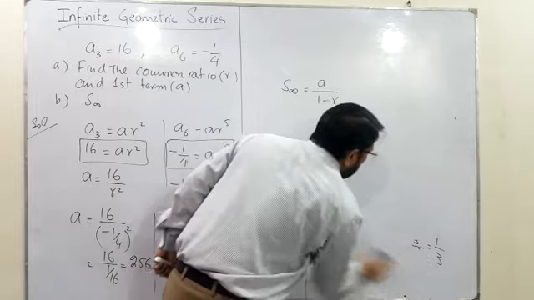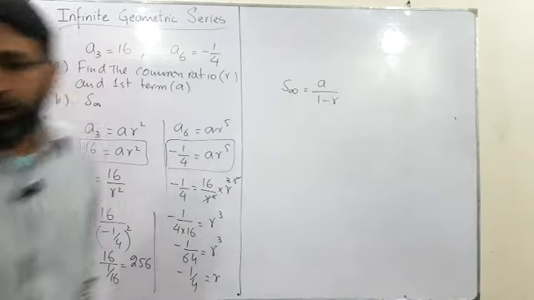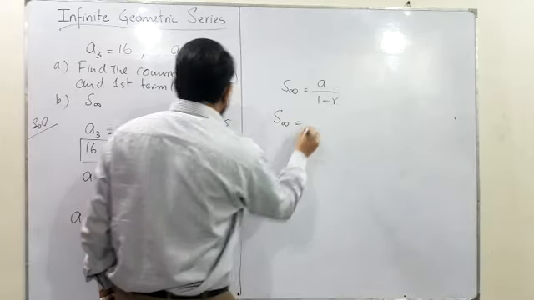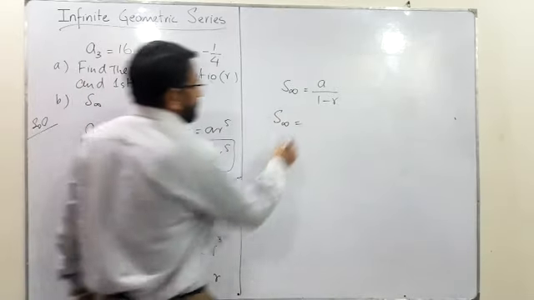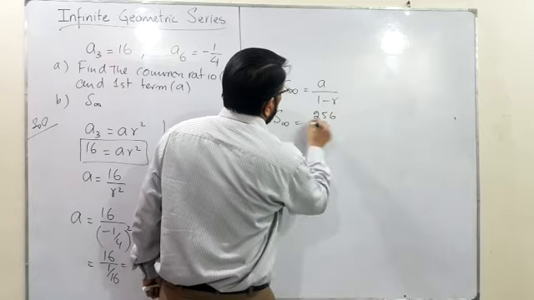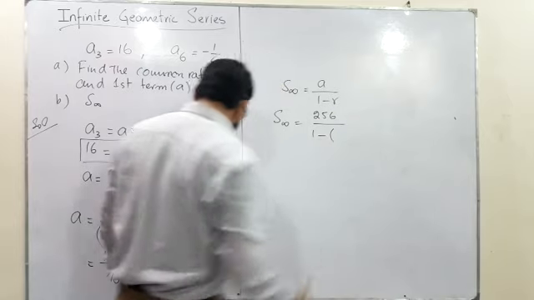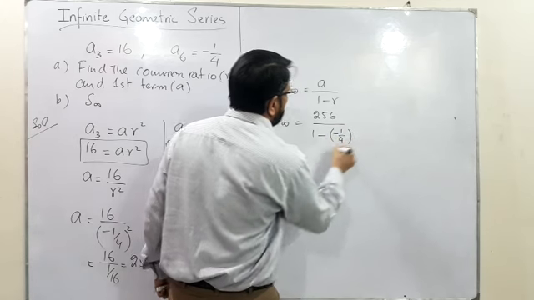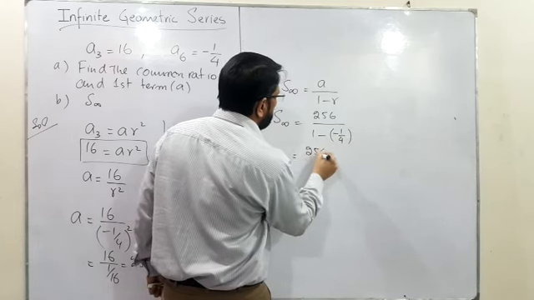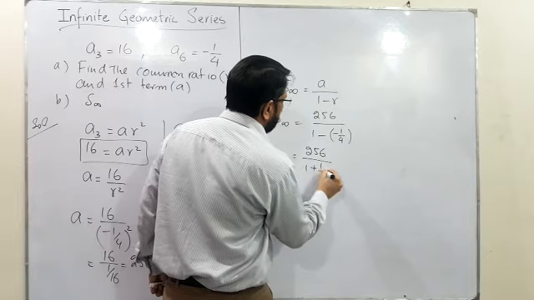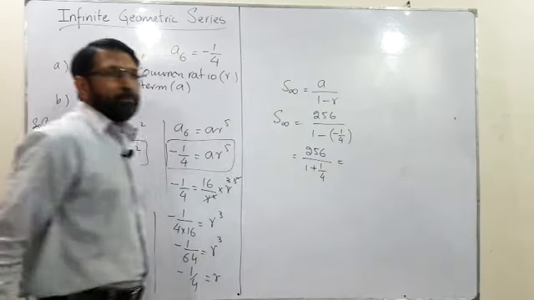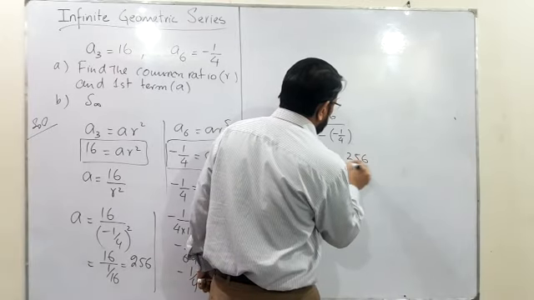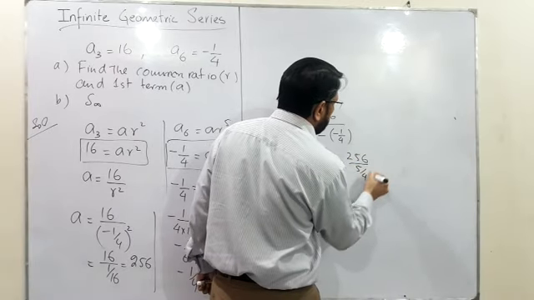By placing the values of a and r, this will help us write down the sum of an infinite number of terms. a is 256 divided by 1 minus r, where r is minus 1 by 4. So it is 256 over 1 plus 1 over 4. So it is 256 divided by 5 over 4.